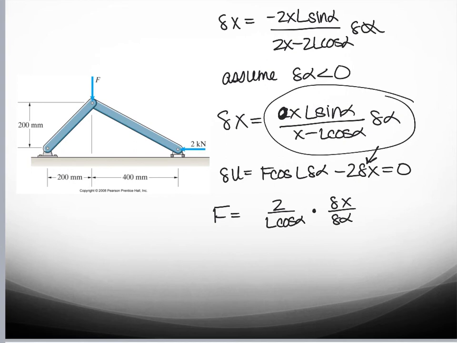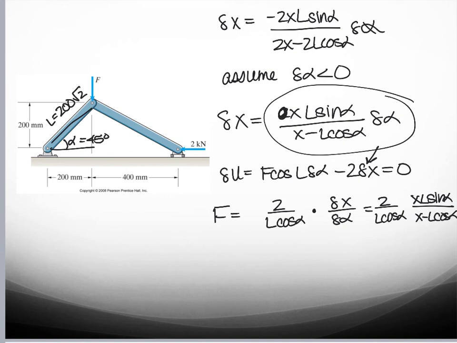It's easier to do it then. And we get 2L cosine alpha, x L sine alpha, x minus L cosine alpha. And we can figure some stuff out. This is alpha, this is 45 degrees. Our L right here is 200 times the square root of 2 because it's a 45-45 triangle.